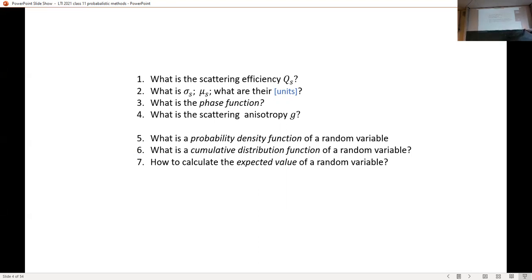What was the phase function? Really important function. It's a probability density function that describes where the photons go to after scattering. So it describes how the light is redistributed into different angles after scattering.